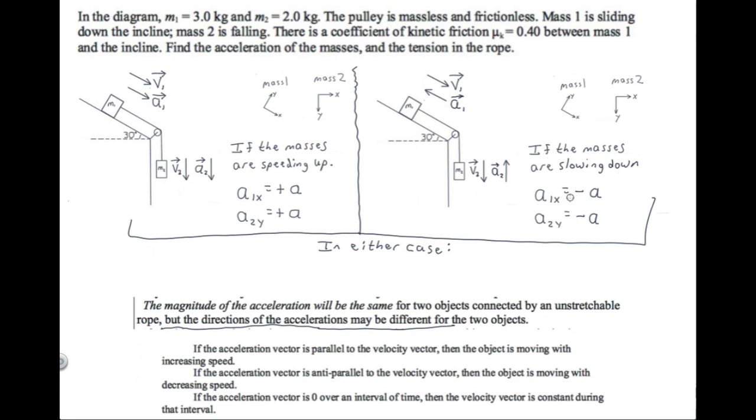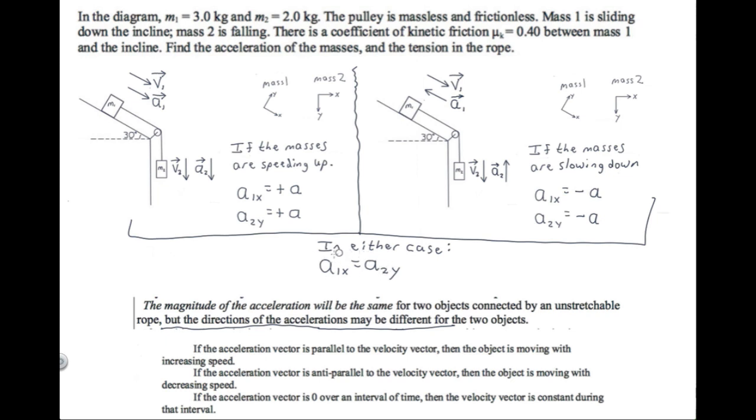Well, the one thing that we can say is true in both cases is that a sub 1x will be equal to a sub 2y. If the masses are speeding up, then a sub 1x and a sub 2y are both equal to plus a. But if the masses are slowing down, then the components are still equal. Now both components are equal to negative a, but they're both equal to each other.